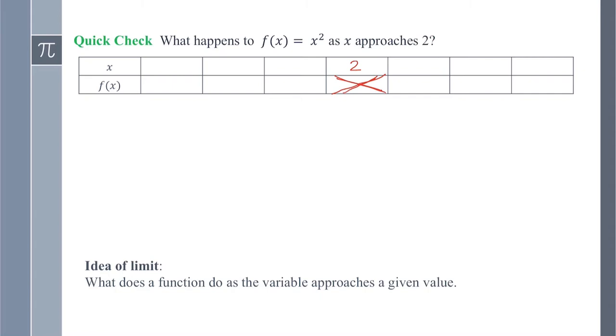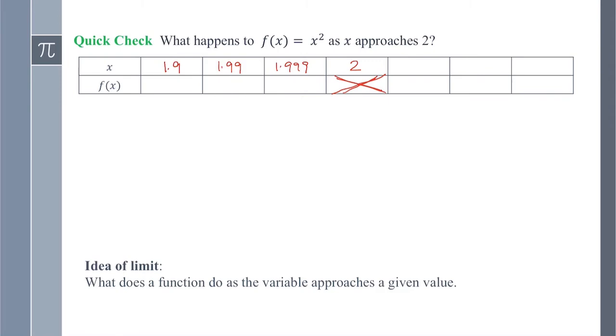So if I move closer to 2 from the left, I can take x equals 1.9, and then I can go closer to 2 by taking x equals 1.99, and then I can keep going closer to 2 by taking 1.999.